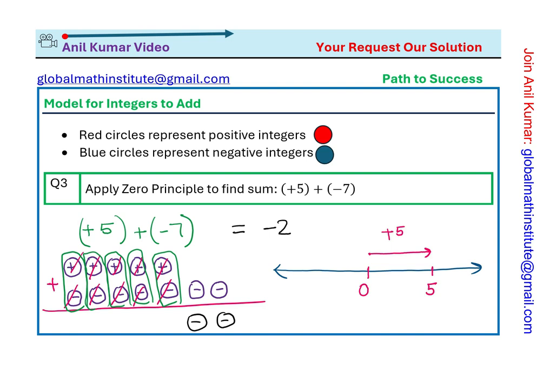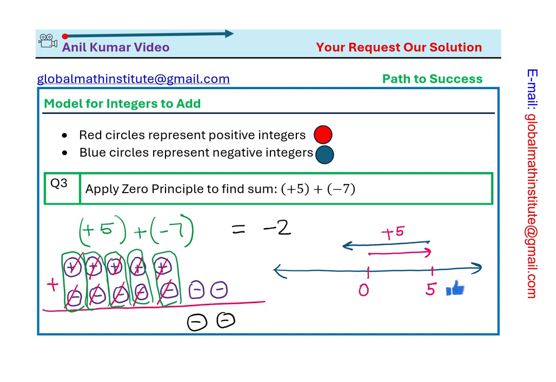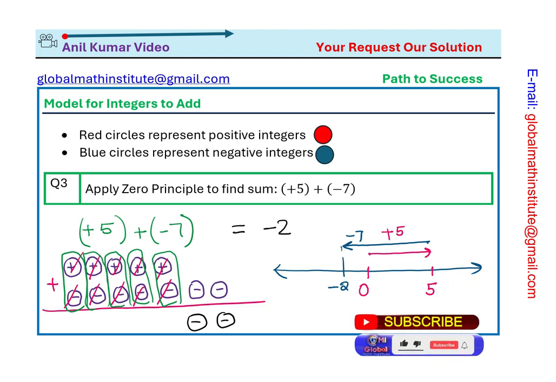And then minus 7 will mean we go from here 7 units in the negative direction. So where we reach, you'll find that to be minus 2. With a number line, that is how you're going to do it. In the series for number lines, you can have a complete explanation. I hope this is clear.